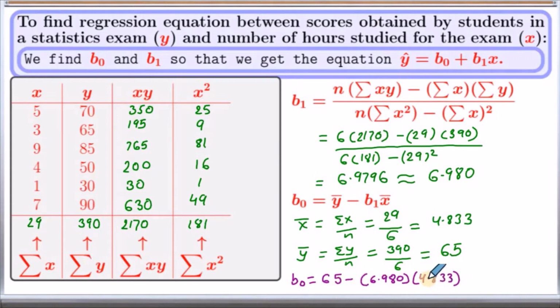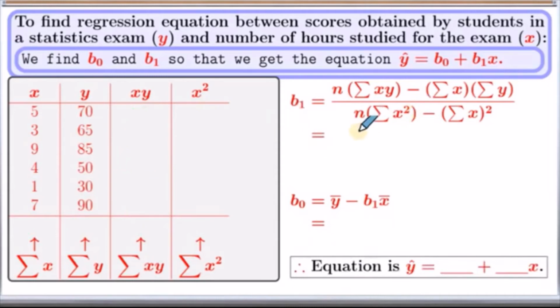Now when we do this math, B0 comes out to be 31.2657.